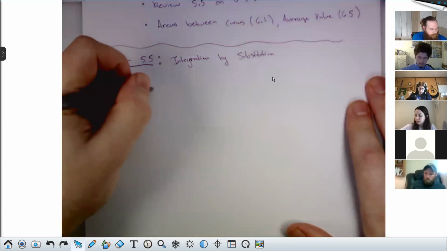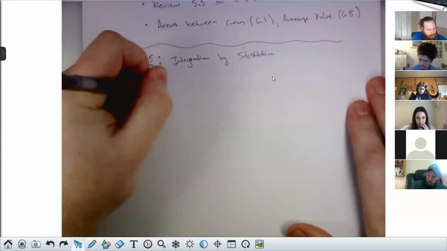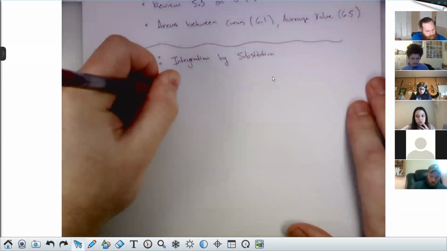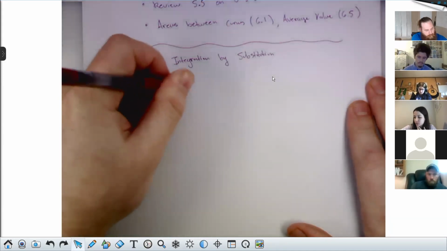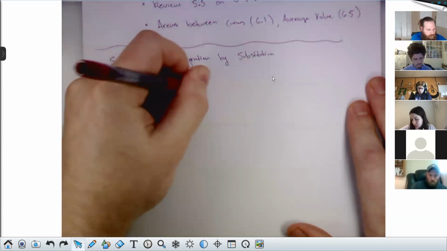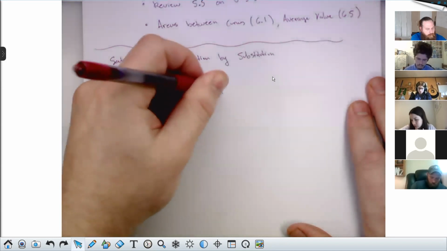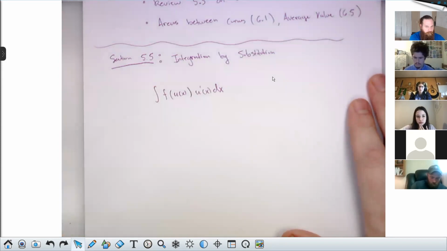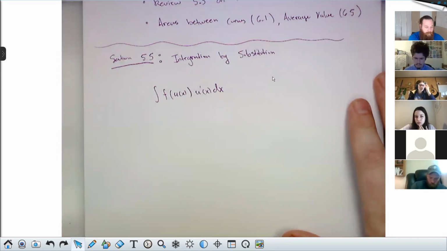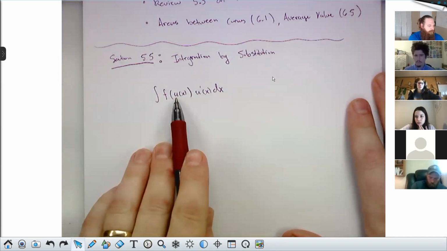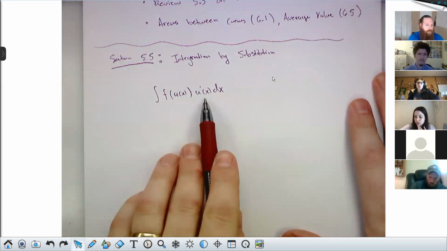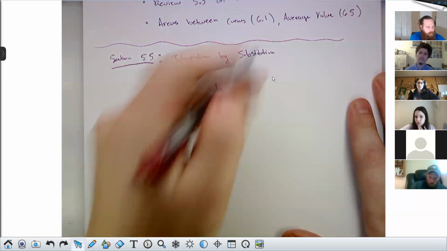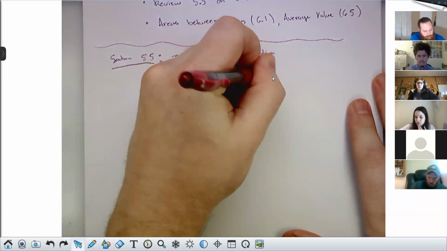So the basic rule looks like this. If you have an integral where somewhere in there you see a composite function, right? Like a function of a function, like sine of e to the x. And you also see the derivative of that inner function, then you can make a little substitution.